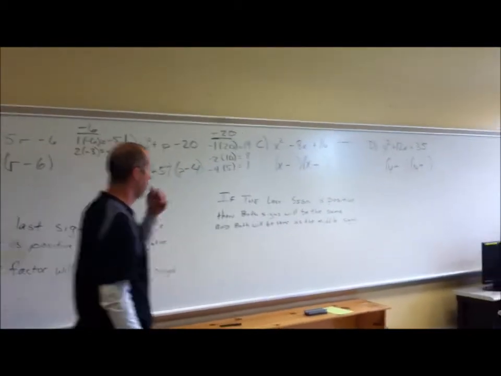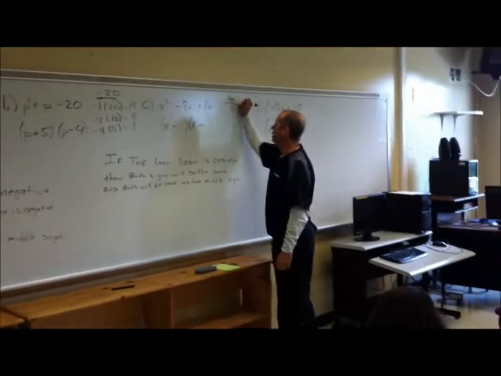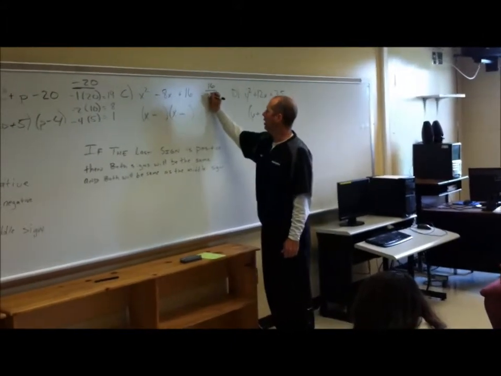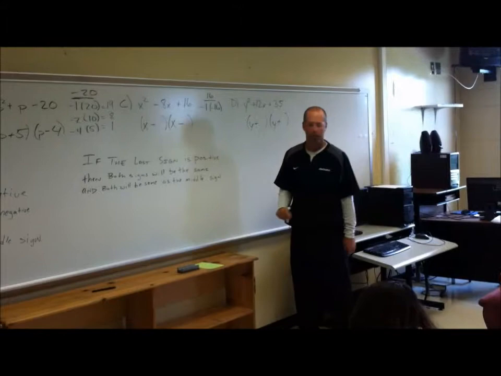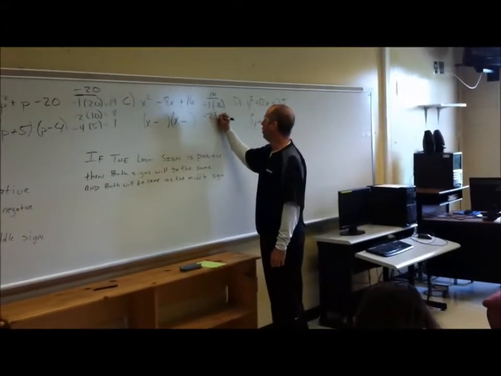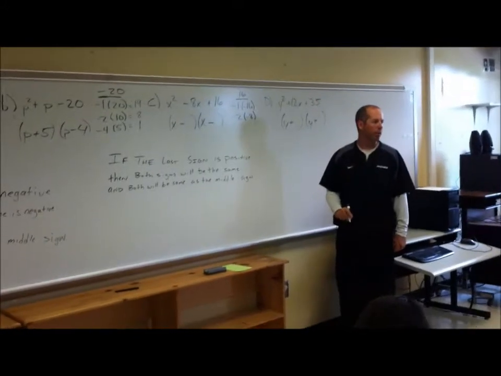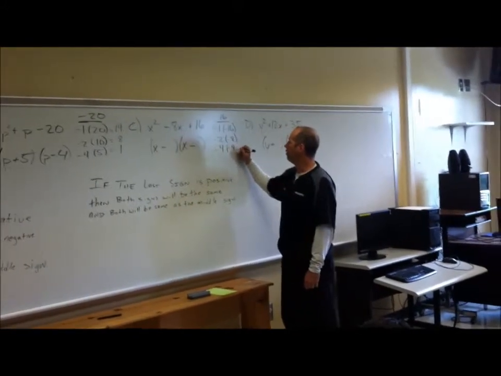Okay? Over here, we've got a positive 16, and both of them are negative. So everything's going to be negative. Negative 1, negative 16, negative 2, negative 8, 3 won't go into 16, negative 4, negative 4.